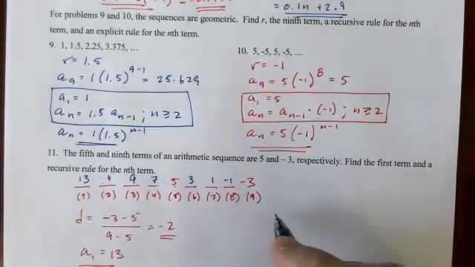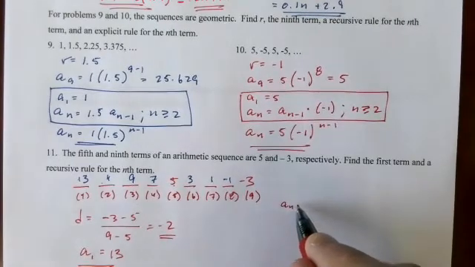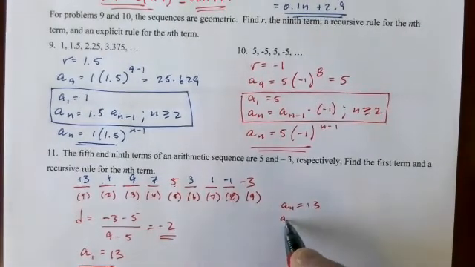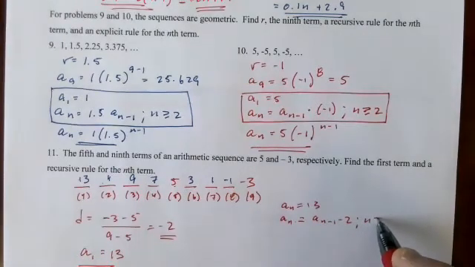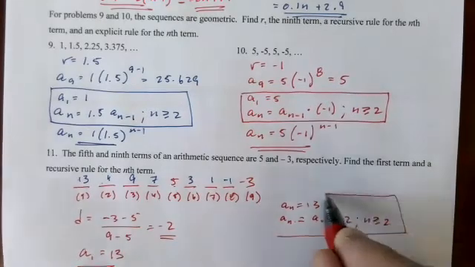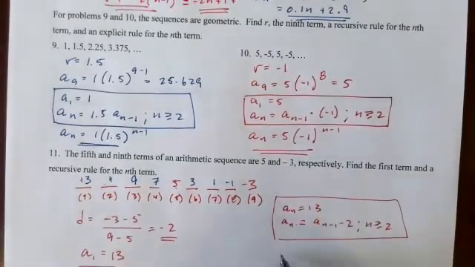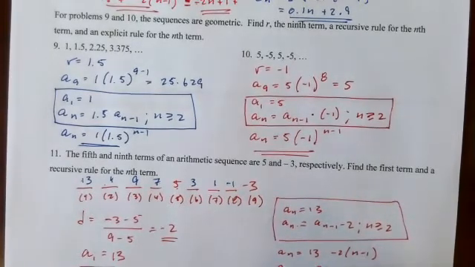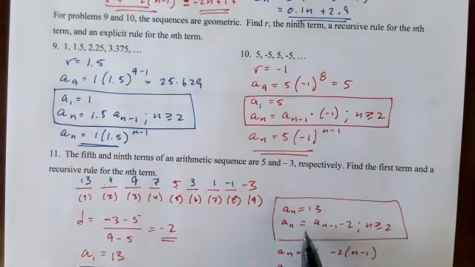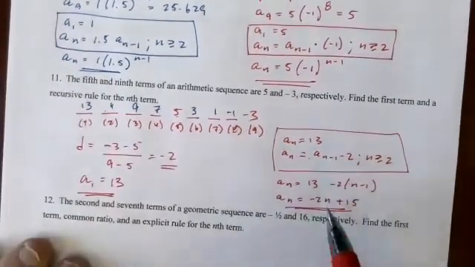And then our recursive, a sub n equals a sub n minus 1 minus 2 when n is greater than or equal to 2. a sub n equals 13 minus 2 times n minus 1, or negative 2n plus 15. All right, that's recursive, that's, whoops, that's recursive, that's explicit.